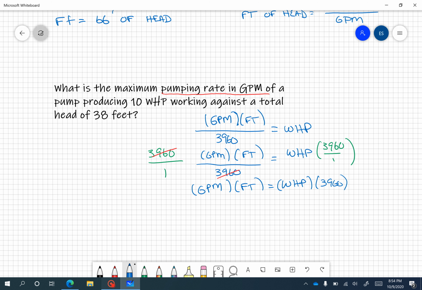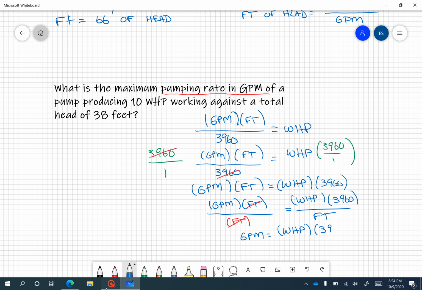And now, because I want to get gallons per minute on one side of the equation by itself, I can divide both sides of the equation by feet. And in this case, feet are going to cancel out on that side of the equation, and I'm left with gallons per minute equals water horsepower times 3960 all over feet.